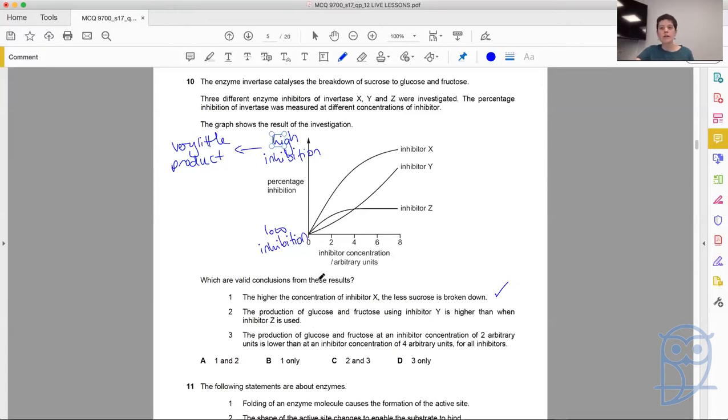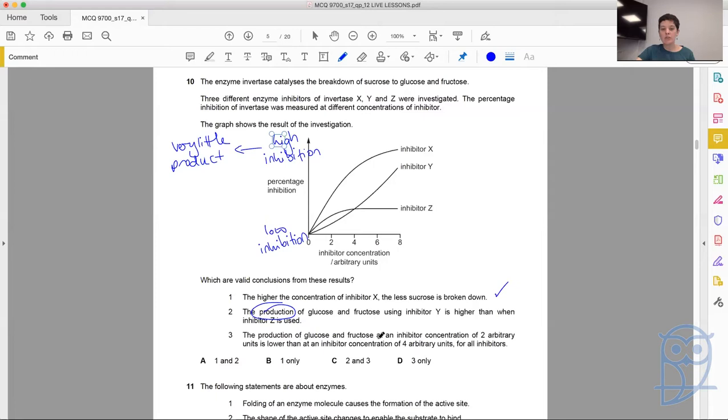So we have to now consider that. We don't have any information on the production of glucose. We only have information on inhibition. So we can't actually conclude about production.